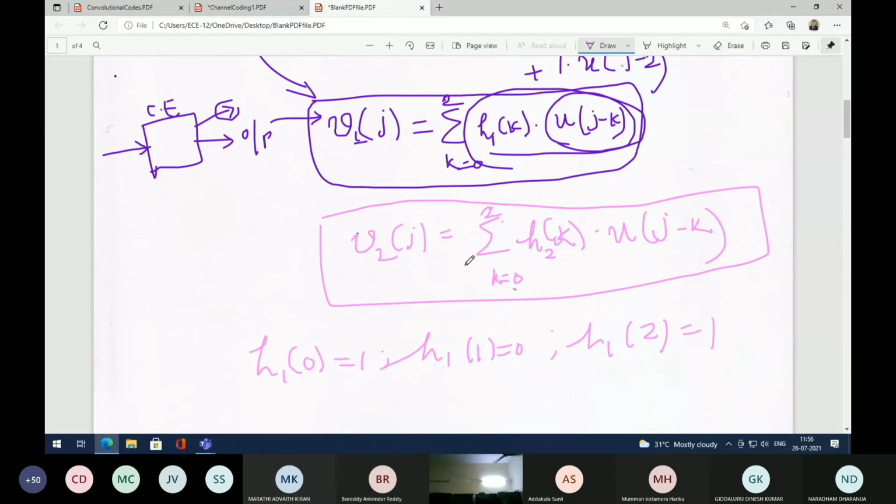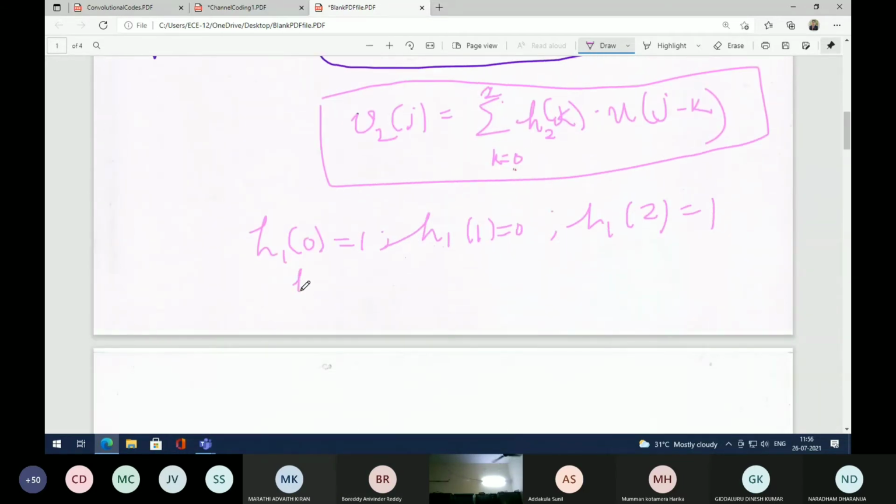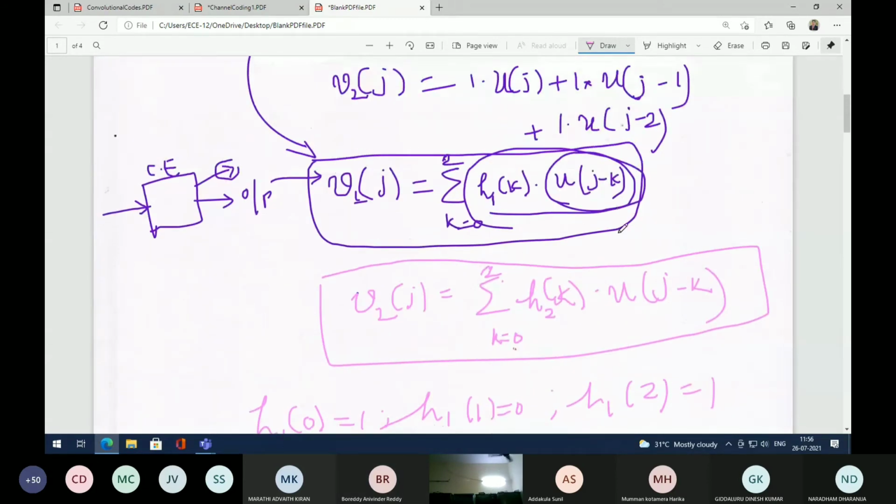Whereas in the second case, H2 of 0 is equal to H2 of 1 is equal to H2 of 2 equals 1, right? Yes, sir. So that means it is like a convolution operation. That's why we call these codes convolutional codes.